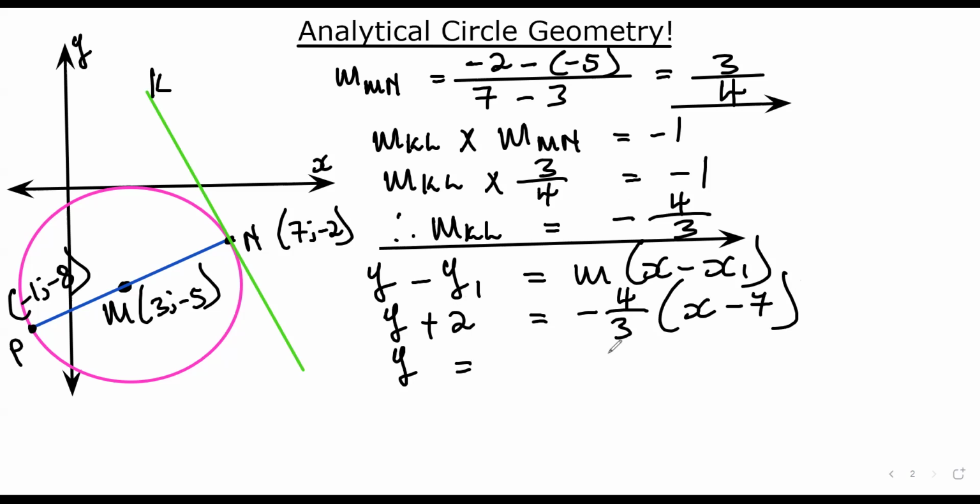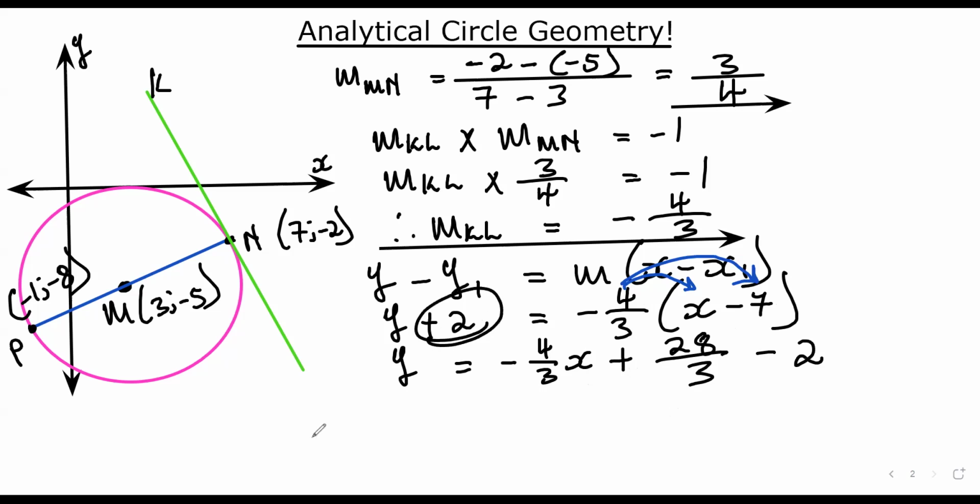And we take these 2 to the right-hand side. It becomes negative. And here we distribute our -4/3. So we get -4/3x plus 4 times 7. Well, 7 by 2 is 14, so by 4, it's 28/3. And of course, we have to say -2, right?